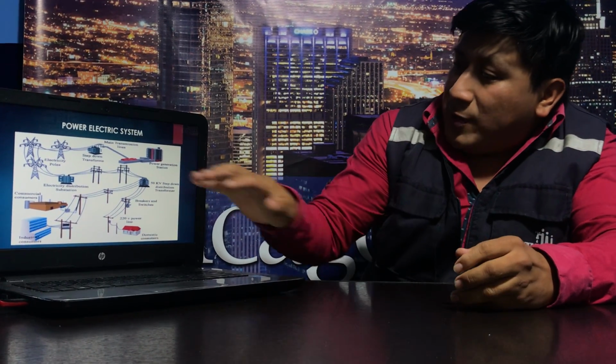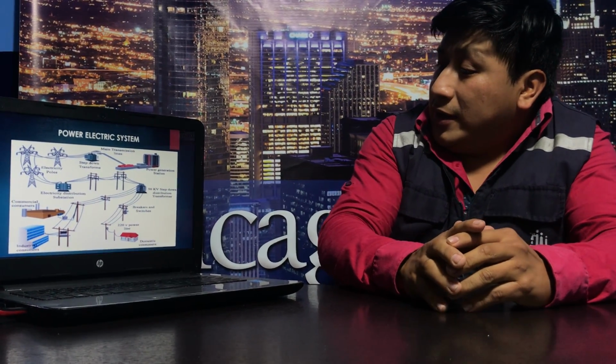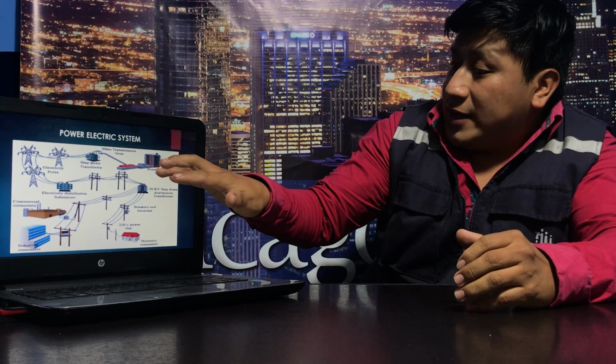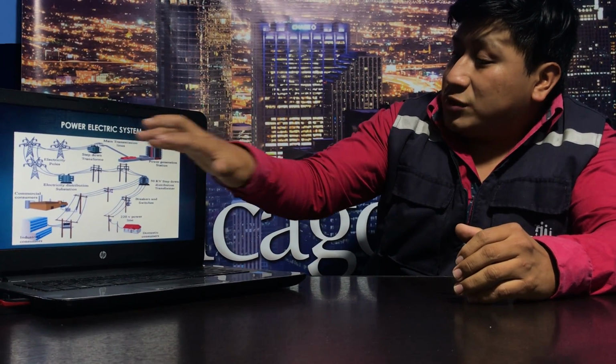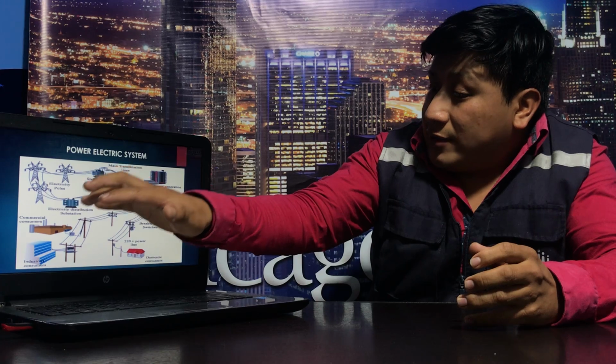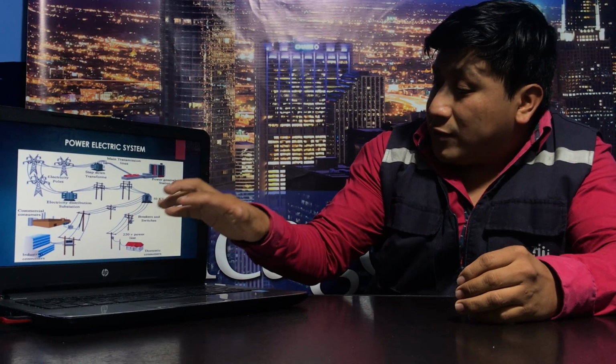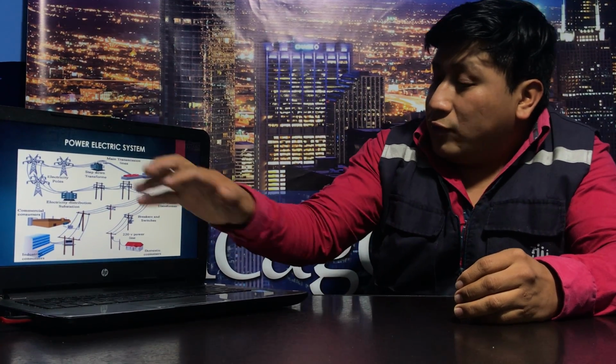The power electric system. In this picture, we can see the power electric system. The power electric system consists of power generator station, main transmission lines, a step down or a step up transformer, electricity poles, electricity distribution substation, a step down distribution transformer, breakers and switches, and consumers.